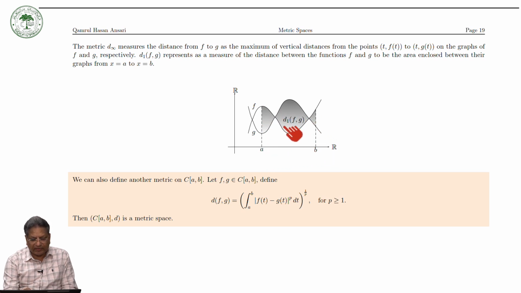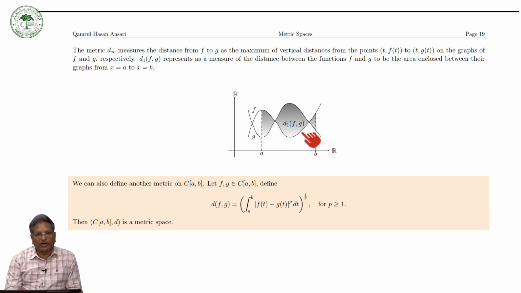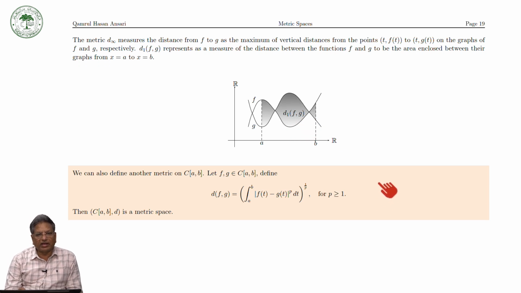Because we have defined d1(f,g) as the integral from a to b of mod of f(t) minus g(t) dt, the area bounded by x equal to a and x equal to b and these two functions is the distance between f and g.